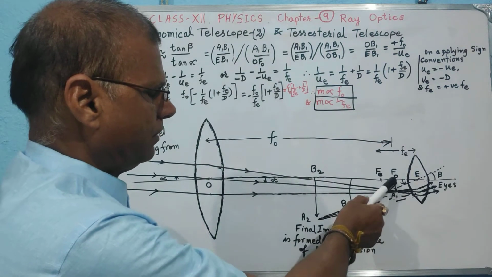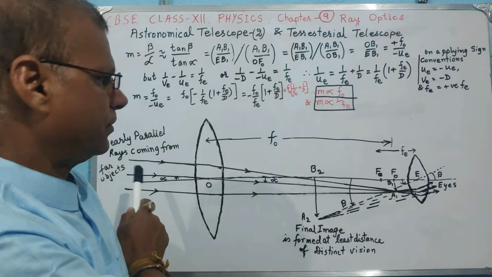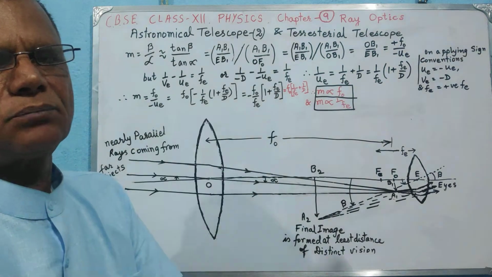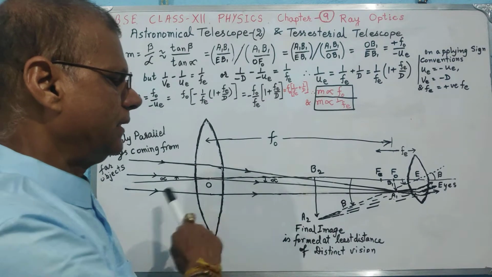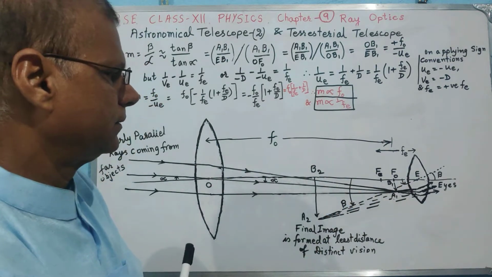As you see, A1B1 is the image of the object which is lying at a large distance in space. This image is real and inverted.